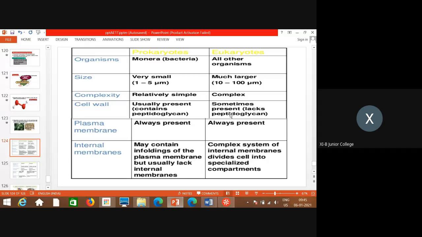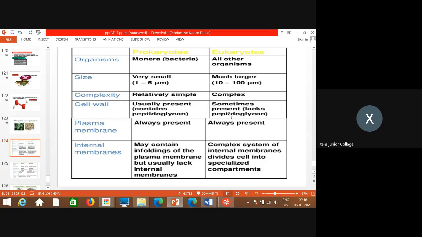When we consider size, prokaryotes are very small, 1 to 5 micrometer, whereas eukaryotes are much larger, 10 to 100 micrometer. Complexity wise, prokaryotes are relatively simple, whereas eukaryotes are complex in nature.